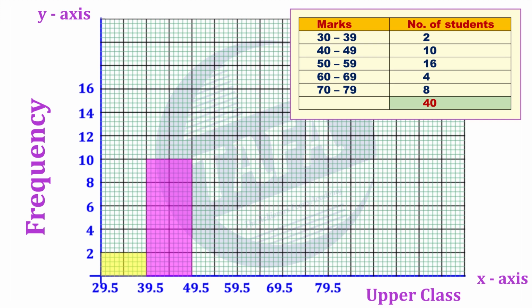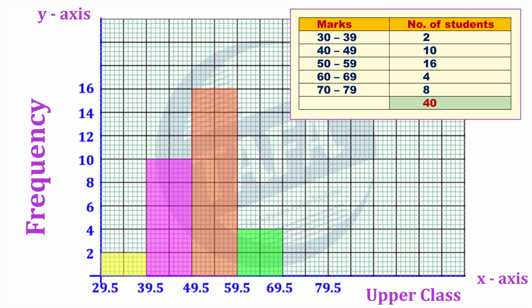Now the next bar is a class whose limits are 49.5 to 59.5, and the height is 16, which corresponds to the frequency of that class. Now the next one is 59.5 to 69.5, whose height is the frequency of that class, and the frequency is 4.